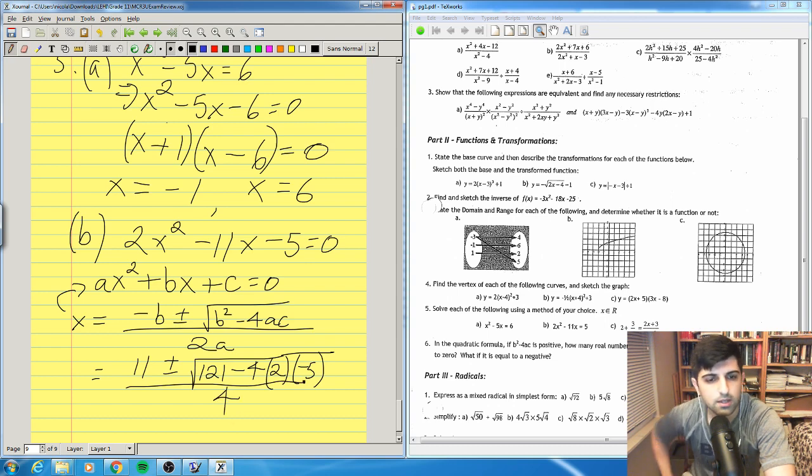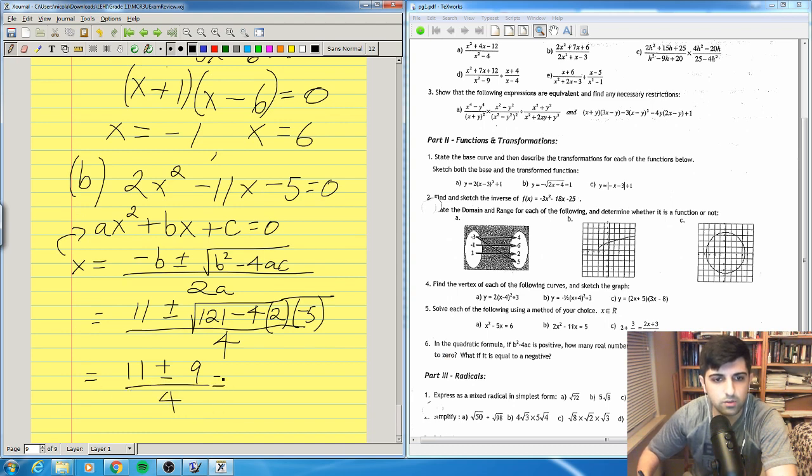Work it out. Negative 4 times negative 5 is 20, times 2 is 40. 121 minus 40, brain fart, what is it, 81? So I've got 11 plus or minus the square root of 81, which is 9, all divided by 4.